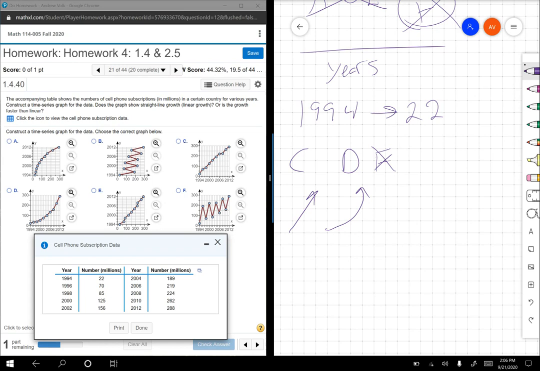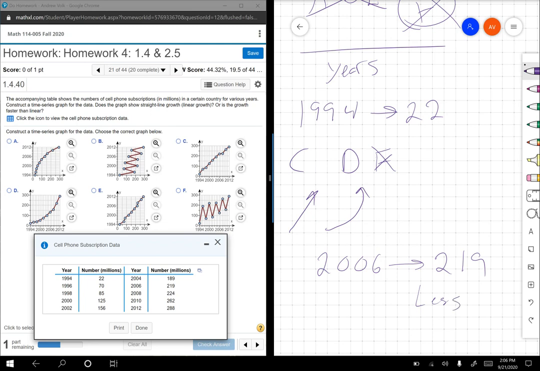So in order to tell that, let's look for 2 points that look really different. For example, 2006 should be 219. And when I look at C, 2006 is less than 200.